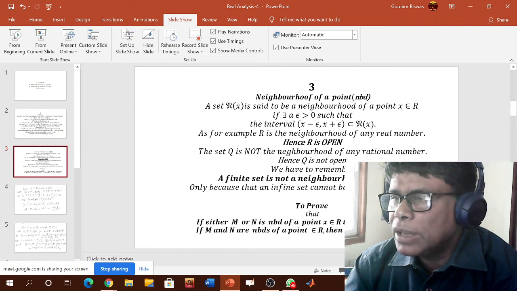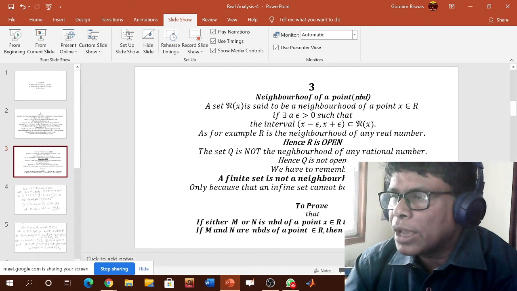As for example, the total R. Now this neighborhood of x can be the real numbers. This is the neighborhood of x, written as N in script language. This neighborhood can be the whole real line.